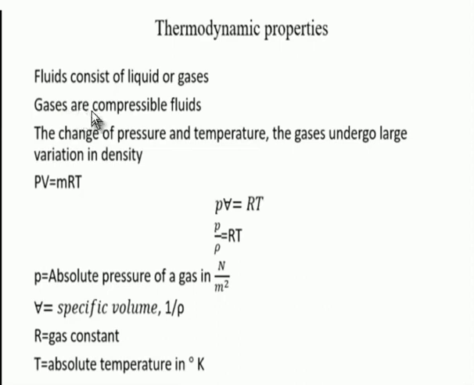Gases are compressible fluids, because we can easily compress gases more than liquids. That's why gases are compressible fluids. With the change of pressure and temperature, gases undergo a large variation in density.